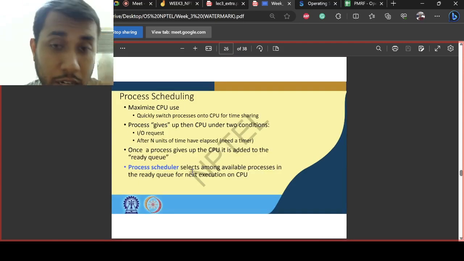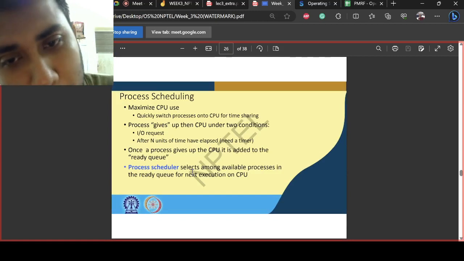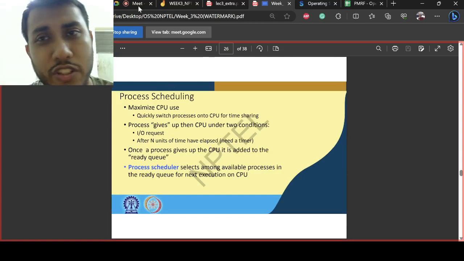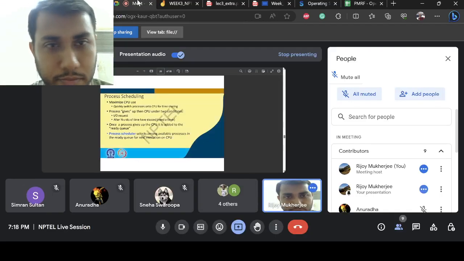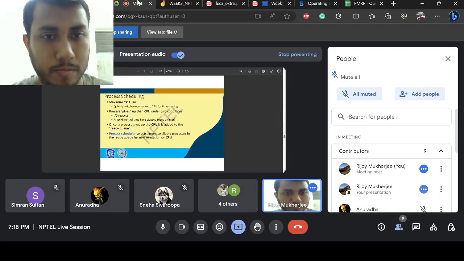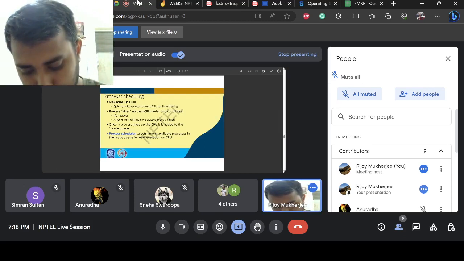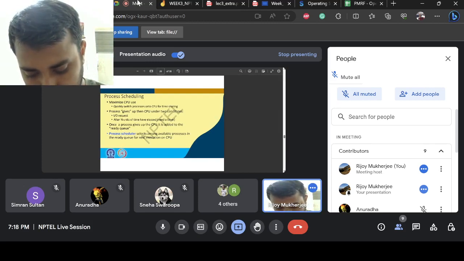The process scheduler is a special program which selects among the available processes in the ready queue for the next execution on the CPU. So any doubt regarding this?